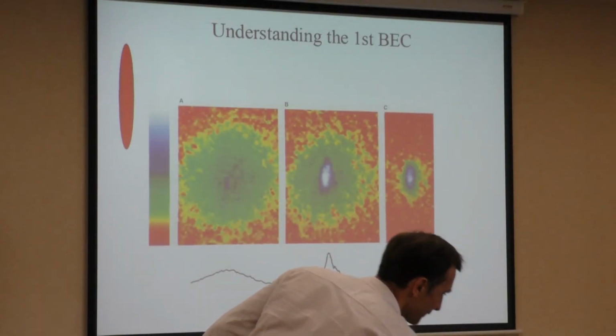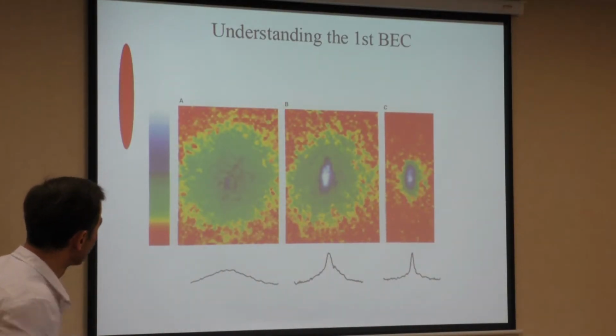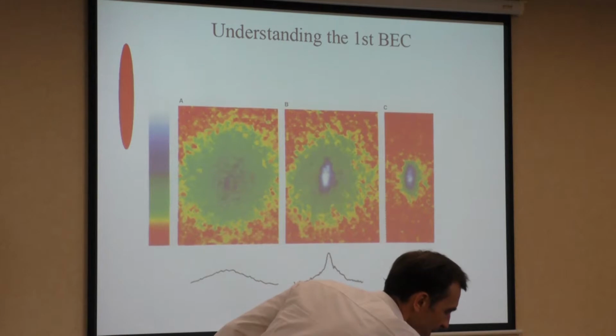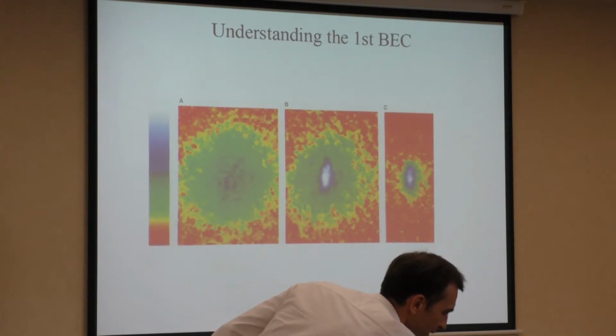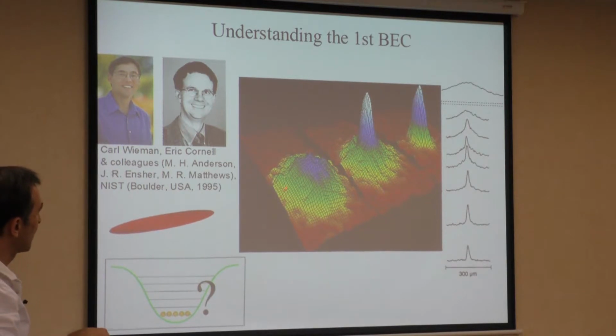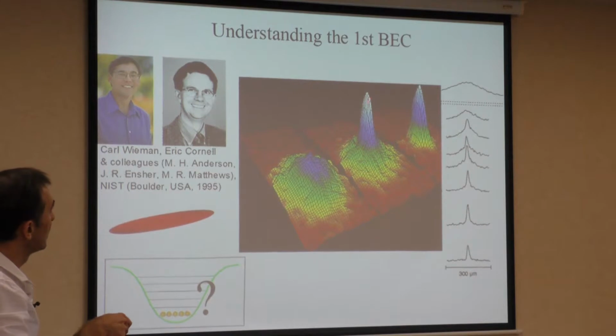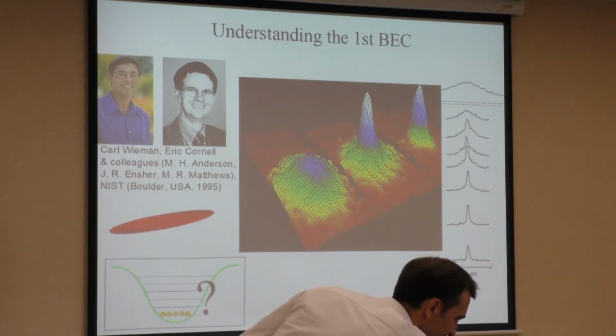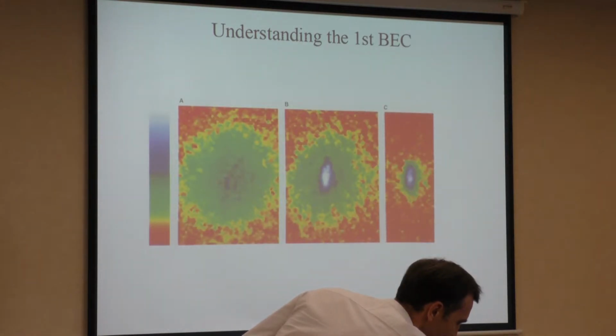And the third graph has an even sharper peak. And this is what those nice figures from the popular literature represent. This is a more or less Gaussian distribution drawn in 3 dimensions. And this is the appearance of the Bose-Einstein condensation peak, or the peak later interpreted as a Bose-Einstein condensate.